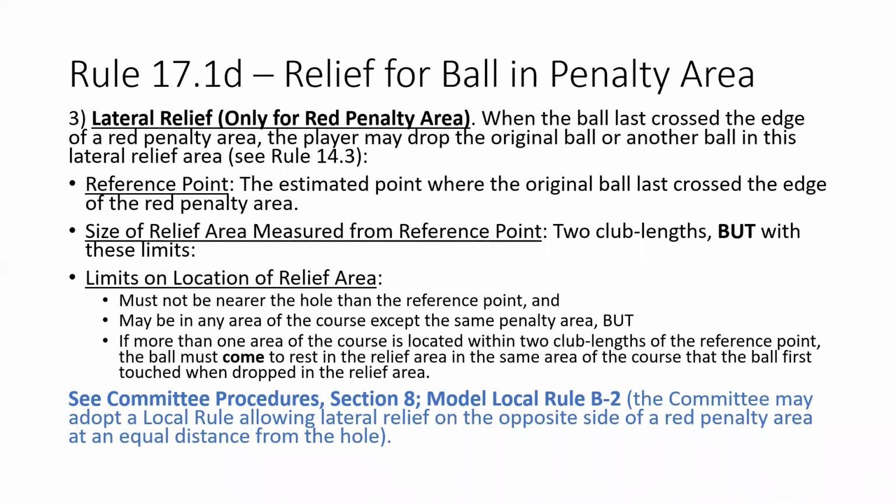I don't foresee us using that much, if at all. I guess it would depend on the course. Can you envision a course where we'd want to have that in place? The only one that I think would not create a huge advantage would be Forest Lake, where you've got that creek that runs through 16. It wouldn't really be any advantage one way or the other to drop on either side.